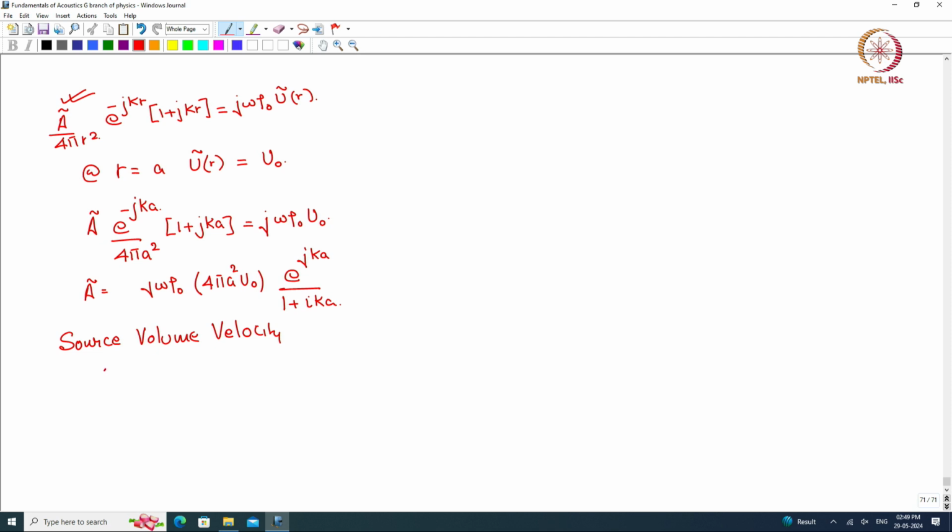Volume velocity q is surface area into the velocity. This is the volume velocity, the volume that the pulsating sphere puts out per unit time. This is the volume, so volume velocity.